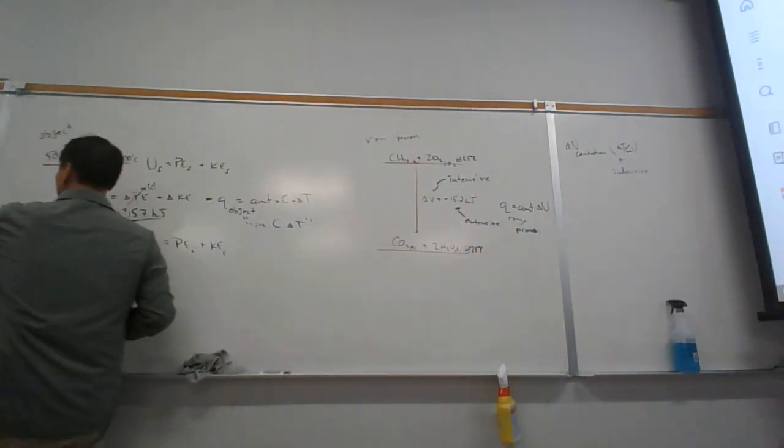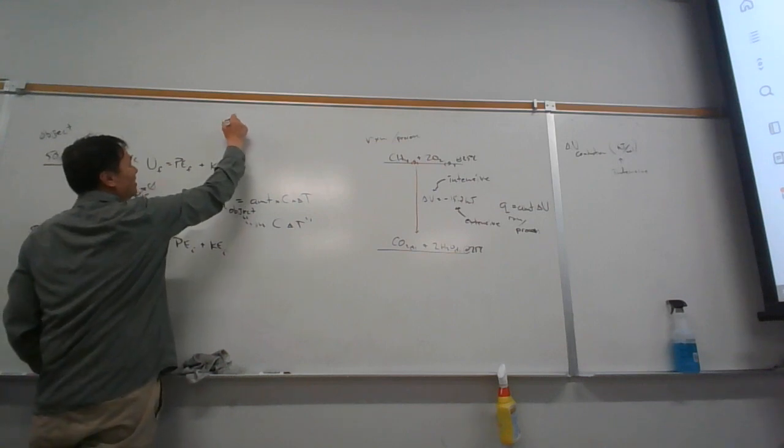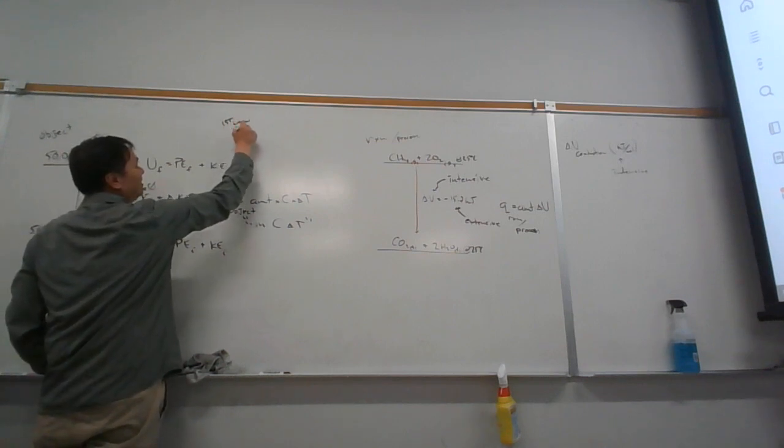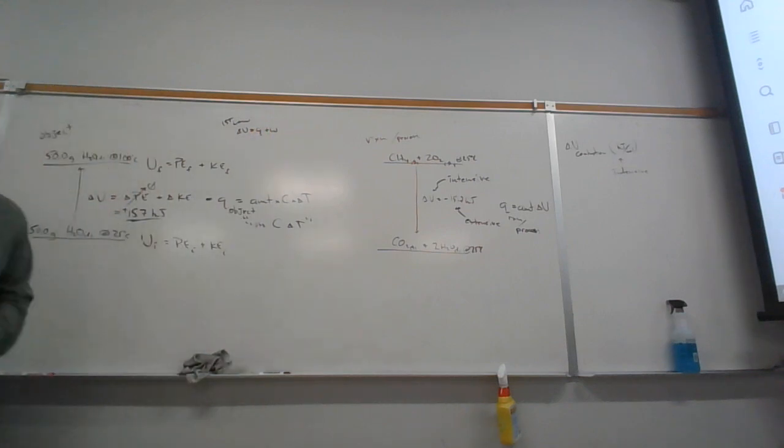There's one other tricky thing. This is one way of expressing the first law. There's another way of expressing the first law. If you recall, the first law is also delta U is equal to Q plus W. Any change in energy is going to be exchanged in terms of heat or work.